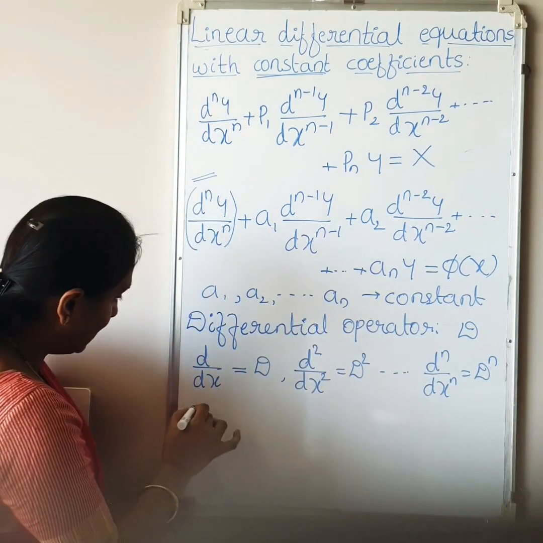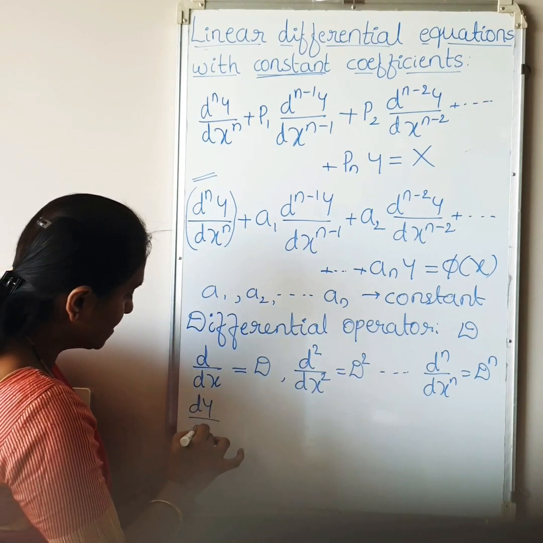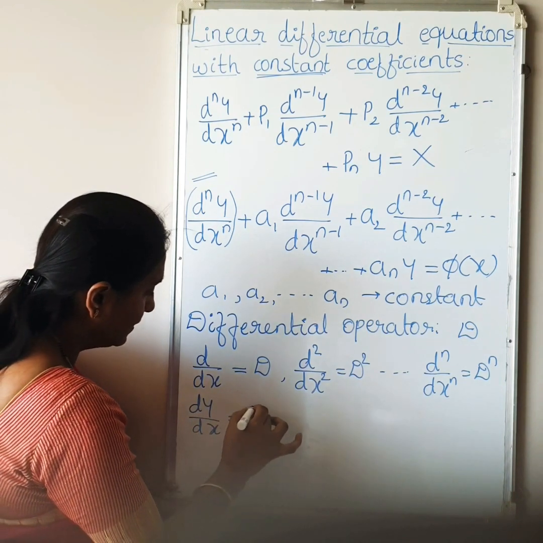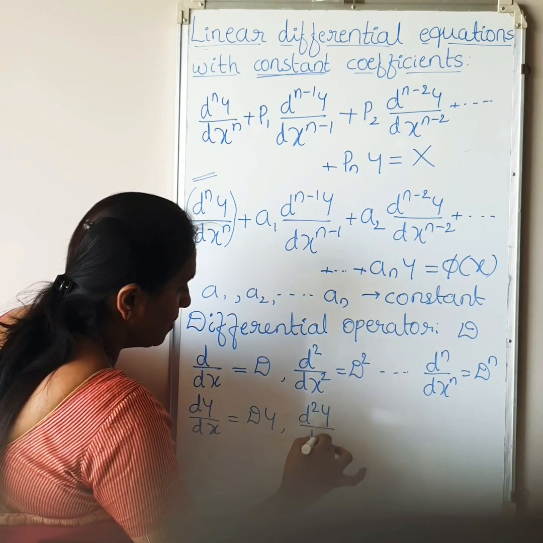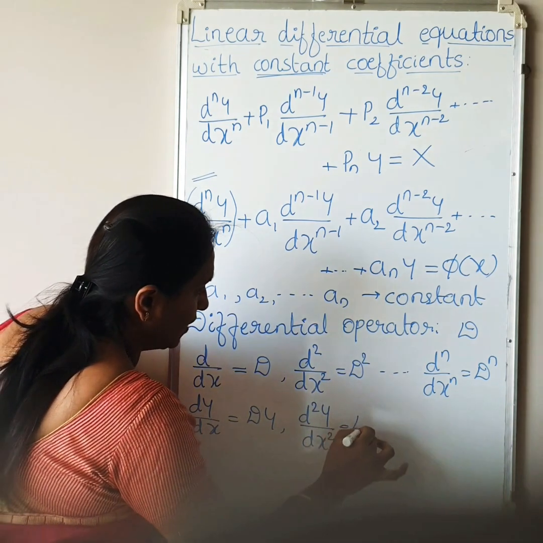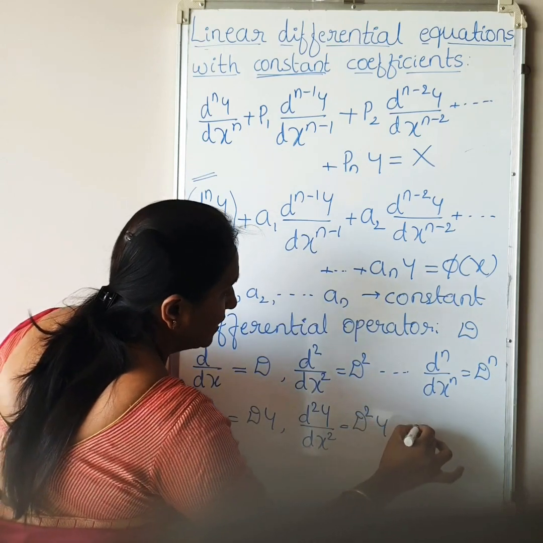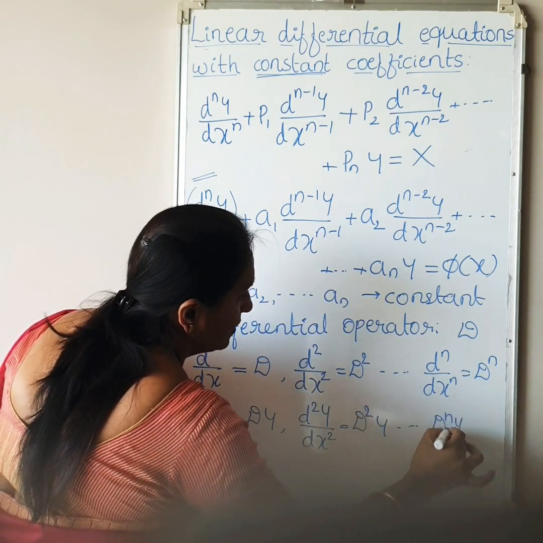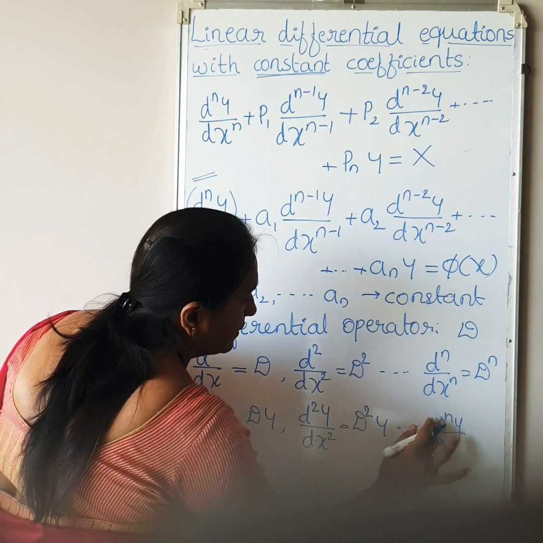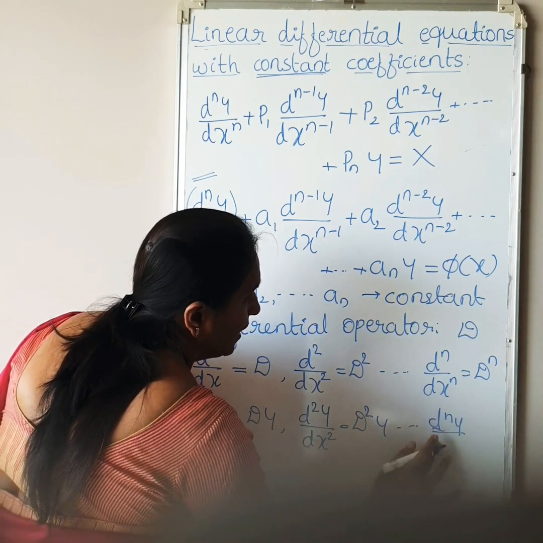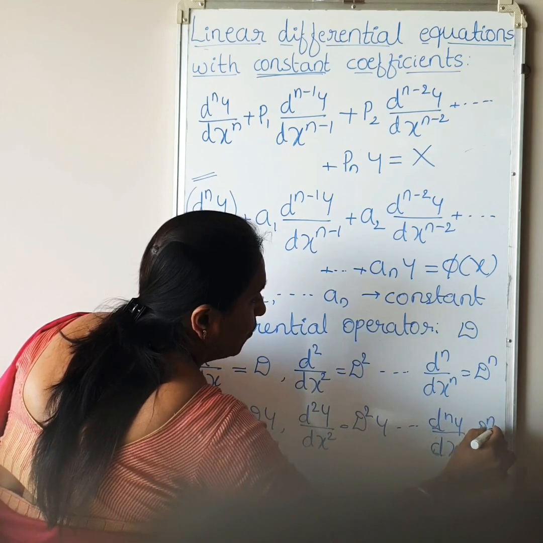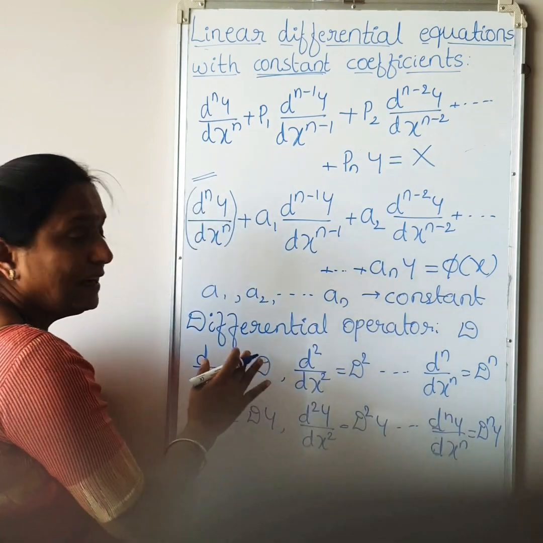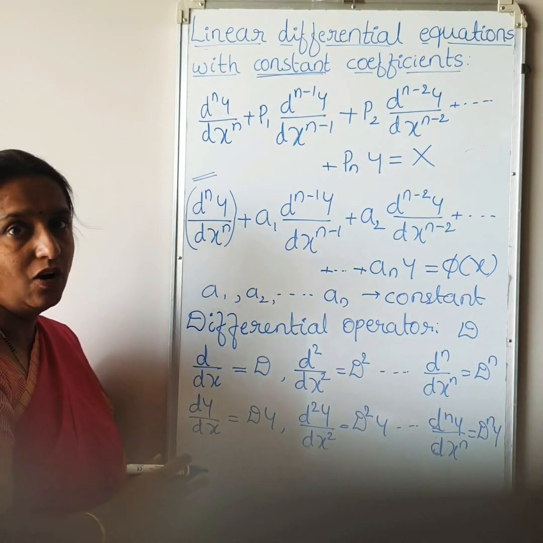So that dy by dx becomes Dy, d square y by dx square becomes D square y, and d^n y by dx^n becomes D^n y. So this D is called the differential operator.